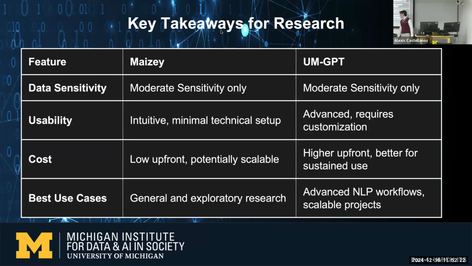Best use cases: general for Maisie, advanced for UMGPT. As a quick side note, UMGPT does have access to the ChatGPT 4.0 model that we host locally. It also has access to Llama, the 405B, and it might have access to Sonnet, the software engineering one. I'm not exactly sure.